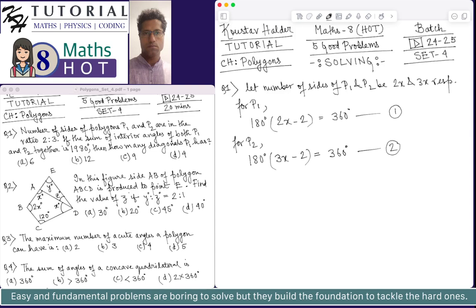Clearly we see that we have got 2x and 3x as the sides.